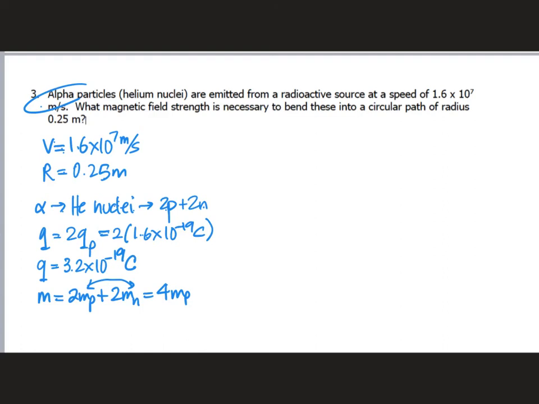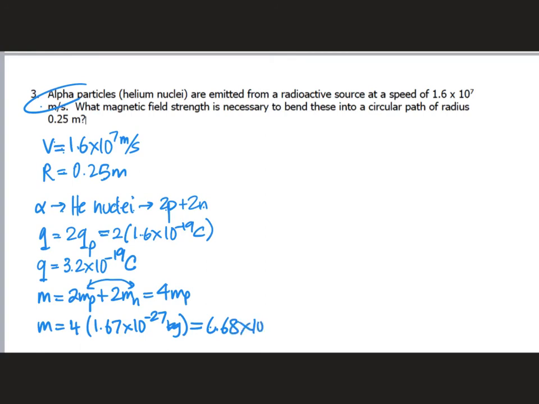So the mass of the helium nucleus, or the alpha particle, is 4 times the mass of the proton, which is 1.67 times 10 to the negative 27th kilograms. If you don't have that memorized, then please feel free to look it up on your pink equation sheet. When you multiply that out on your calculator, what you get is 6.68 times 10 to the negative 27th kilograms.